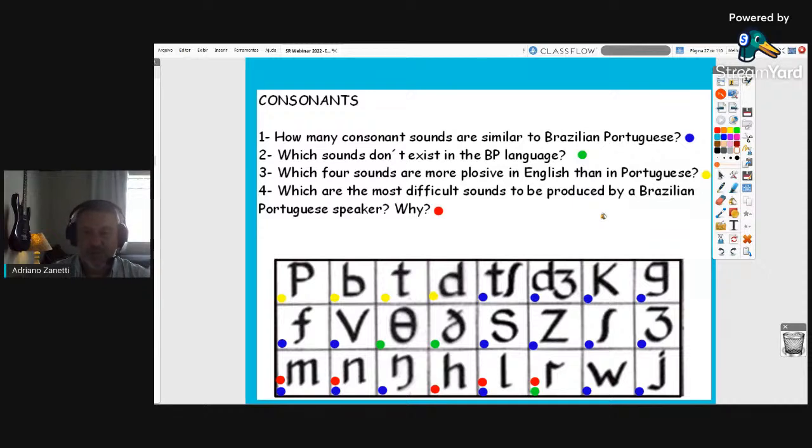For example, the word in Portuguese for rat, we say rato. We don't say rat, we say rato. It's kind of glottal. So it's difficult for us. The word restaurant, we would say it with the Portuguese r. So that is confusing for us. So these are sounds which we need to work on.